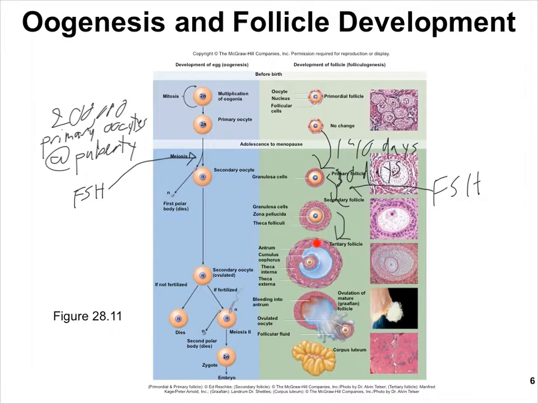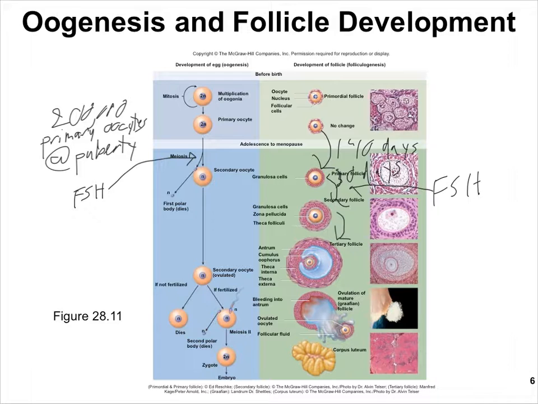You also have granulosa cells that form the outside of this follicle, and those form a structure called the theca interna. And the theca externa is basically similar to the theca folliculi. It's still a hard outer shell.